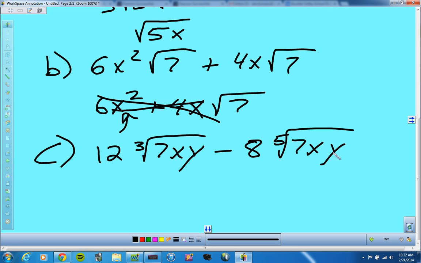You don't. It is simplified. Why? Because cube root, fifth root, so you're done. Can't do anything. It's got to be the exact same underneath the radical and the exact same index to be able to simplify. So that's every trick they can play on you. Well, most of them anyhow.